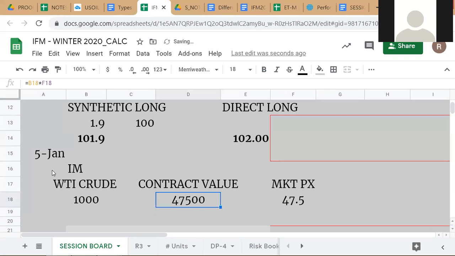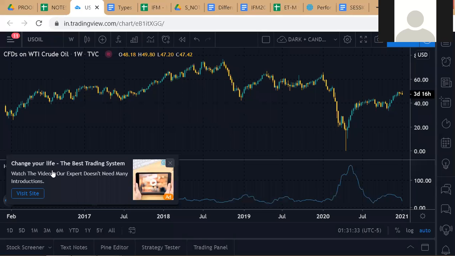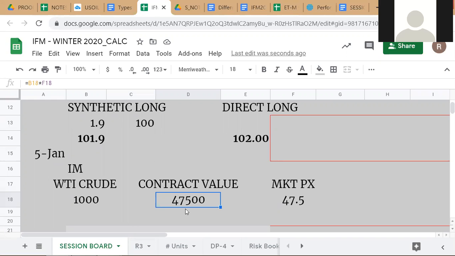So this is the value of the contract. So the dollar value of one WTI contract at current prices is going to be around this amount, 47,500.